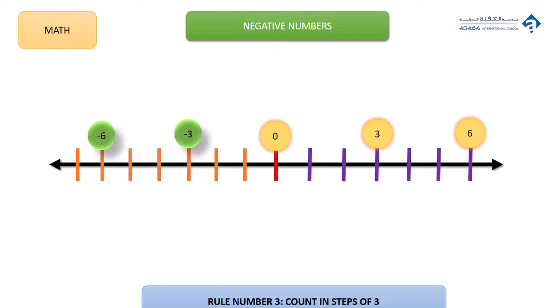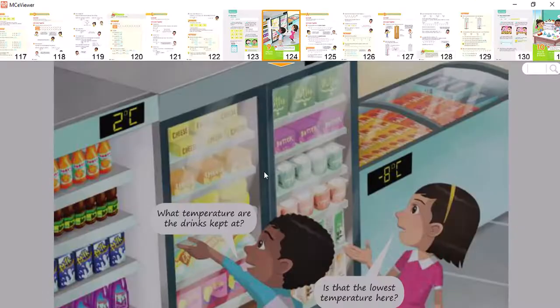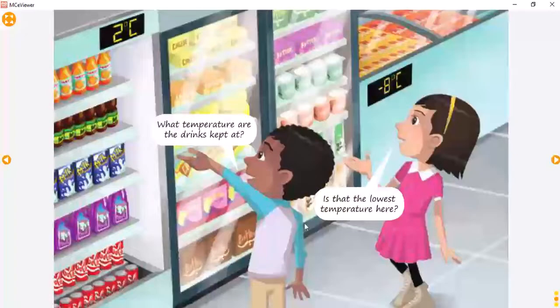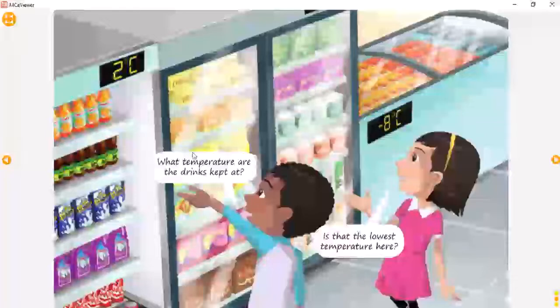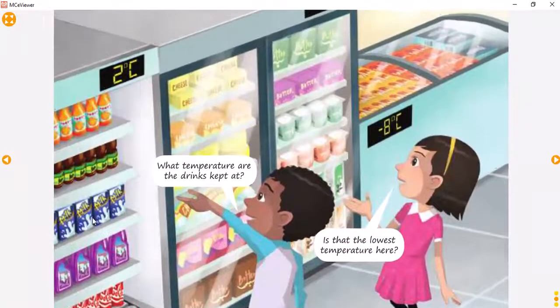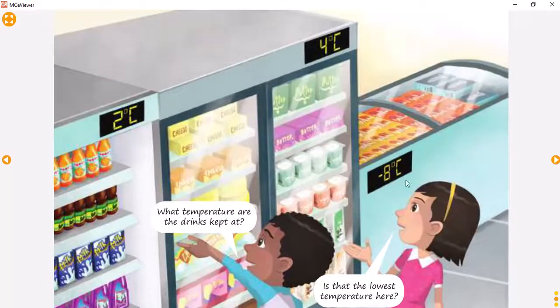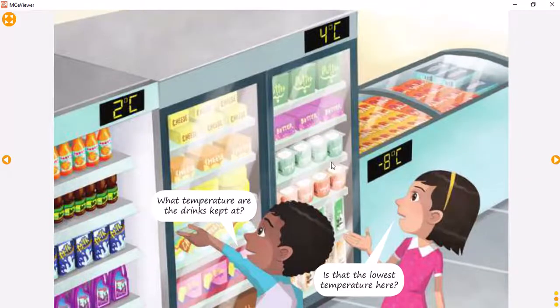And what we are supposed to be working on for today is the following. Let's have a look at our math pupils book. So we have different people standing in front of fridges. So what's inside the fridge? We have different types of juice or dairy products, and some frozen or a freezer that has a temperature which is below 0, which is -8 degrees Celsius.